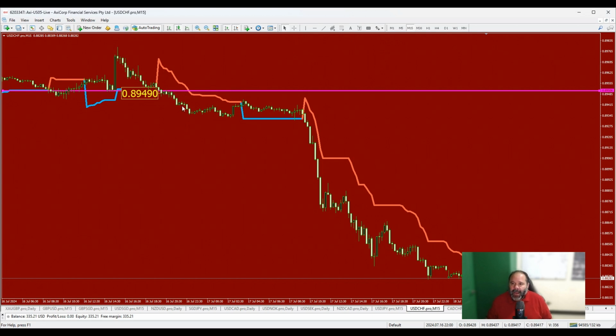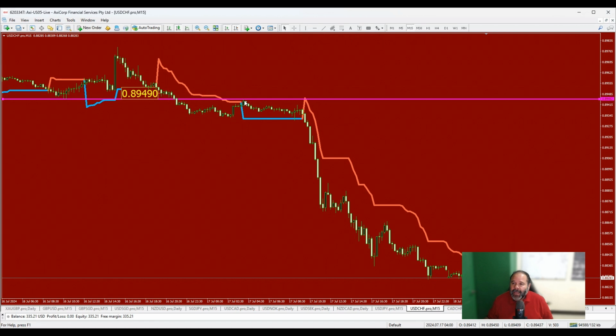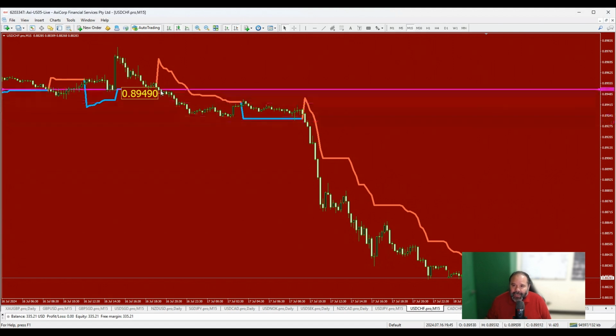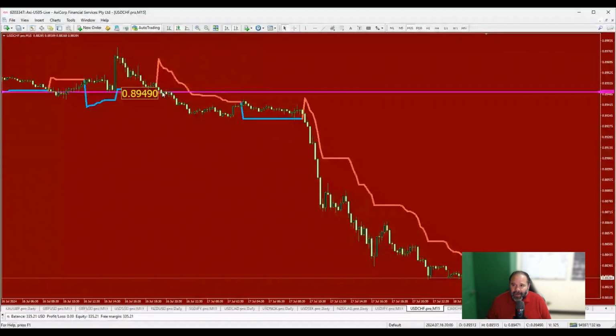And it came down, and then it tried to do a trend change, but it didn't confirm the trend change. So you're still in this position, still on this order. Then the trend changed again, and it confirmed. Actually, you don't need a confirmation here because you already have the confirmation from here. Okay, this is just a false breakout.